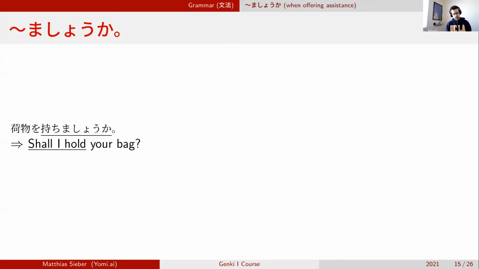Like, shall I bring wine? We just want wine. Oh, okay. So that would be to bring a thing, right? So that's motte kuru, which is an irregular verb. Motte kimashouka? Yeah, very good. 持ってきましょうか?